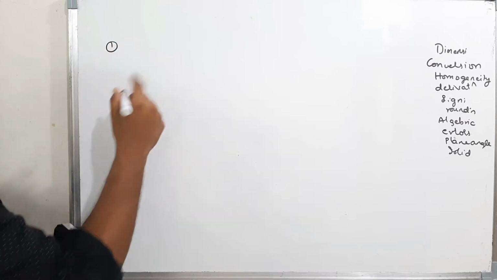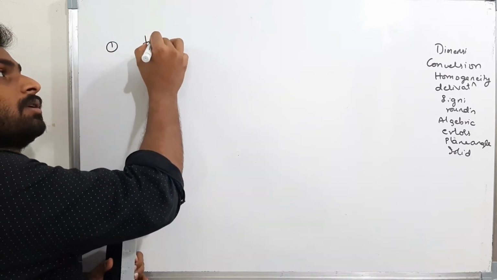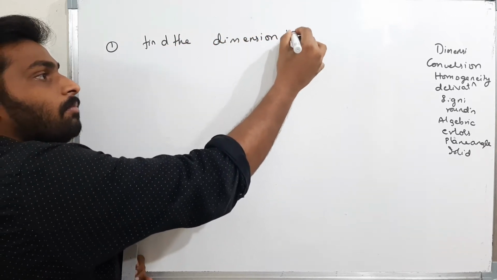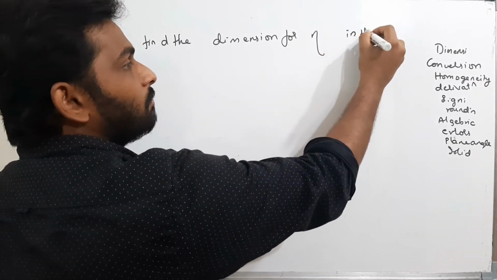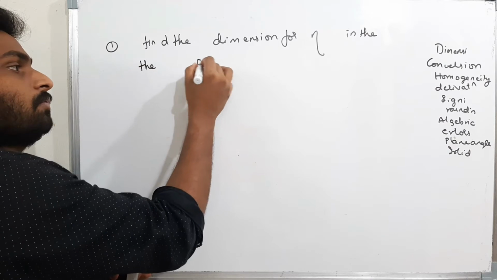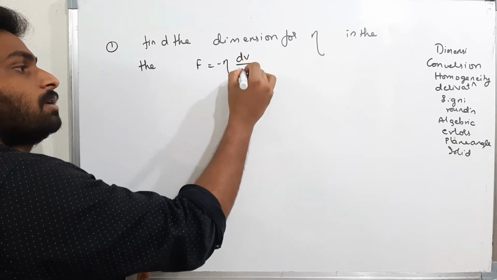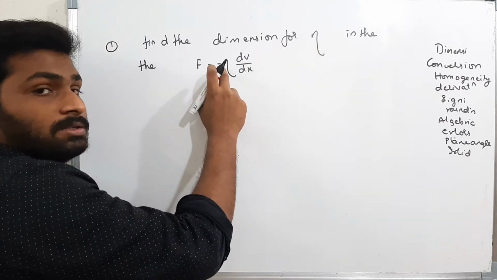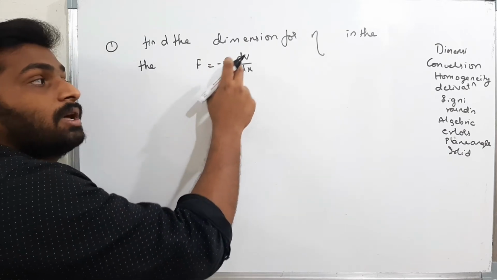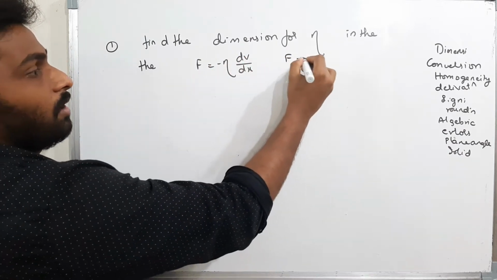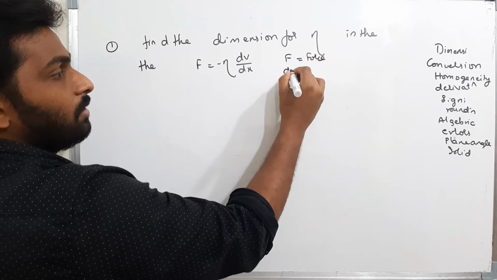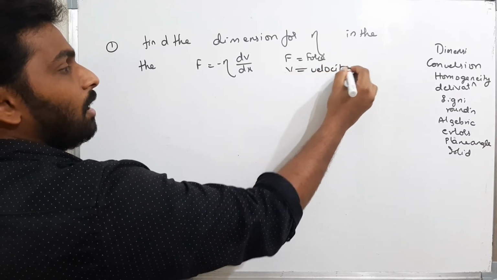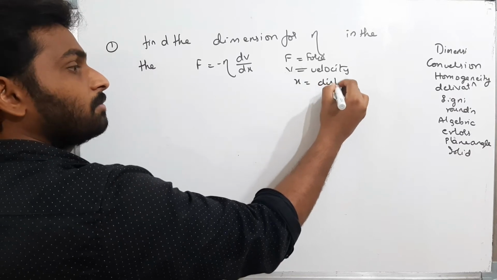Okay. First one, dimensionality. They told us to find the dimension for eta in the formula F is equal to minus eta dv by dx, where F is force, v is the velocity, and x is the displacement.